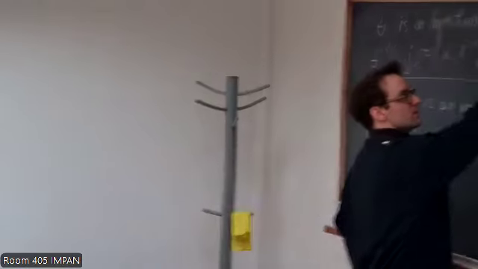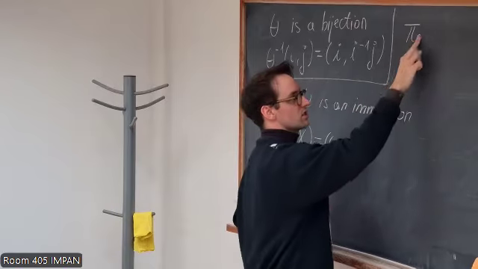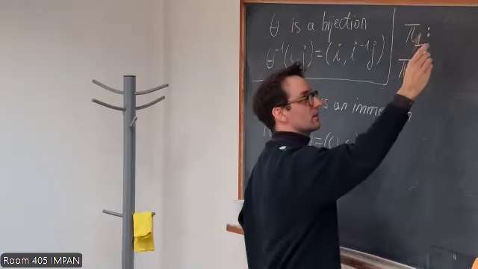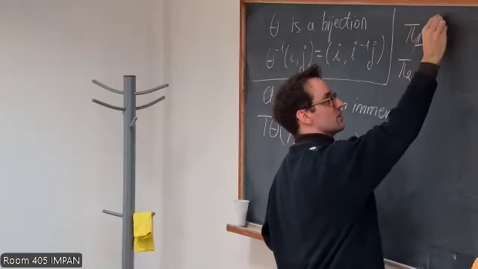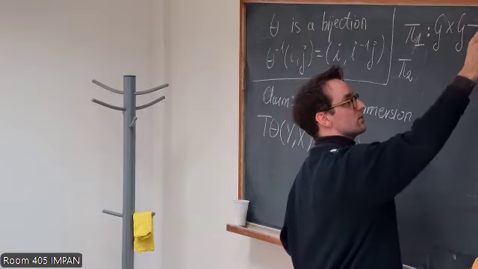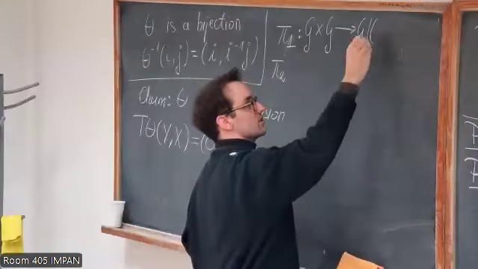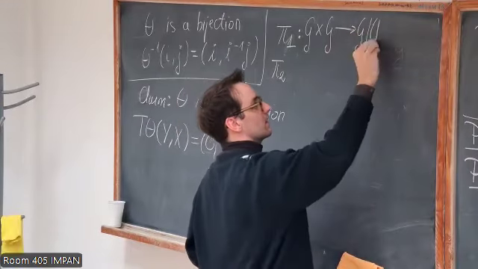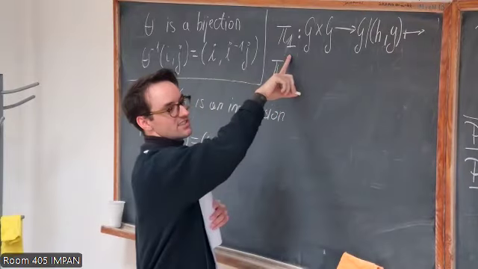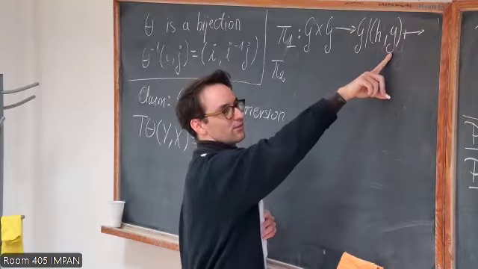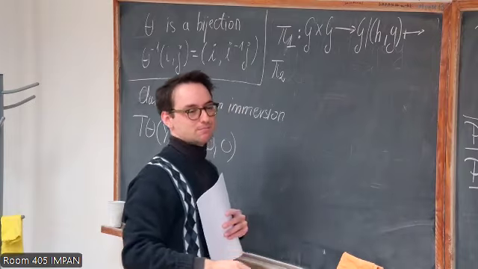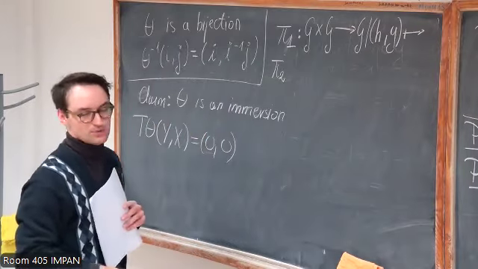Now let me introduce the two projections p1 and p2, from G times G over the target to G, such that (h, g) projects onto the first component, with respect to the composition.